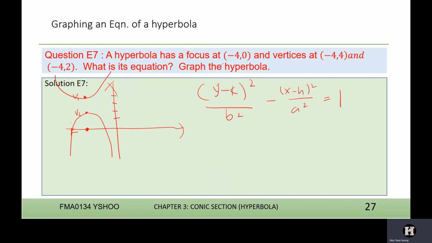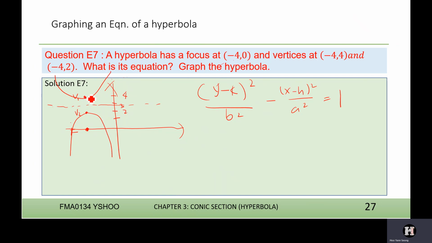Then after that, you look at it. The equation needs a center. As you know, the center must be in the middle of everything. So if you have 2 vertices, the center is here. This one is 2, this is 4, so the midpoint between 2 and 4 is 3. Then what is the x?